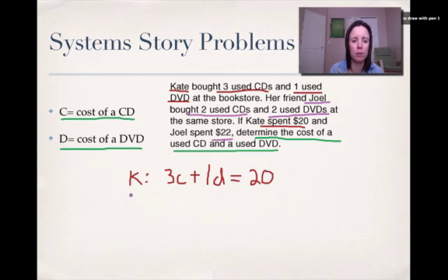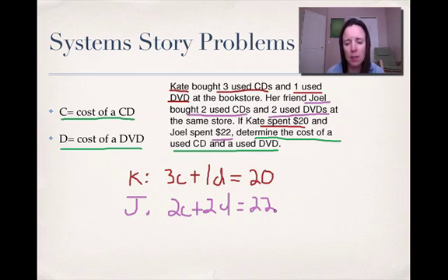Now we've got Joel and his equation. So for Joel, I've got 2 CDs, so 2C plus 2 DVDs, 2D, and that's going to equal $22. Got my 2 equations. Now all I'm going to need to do is solve them.